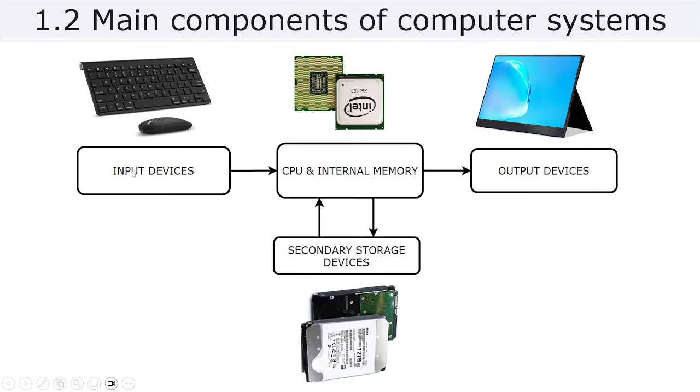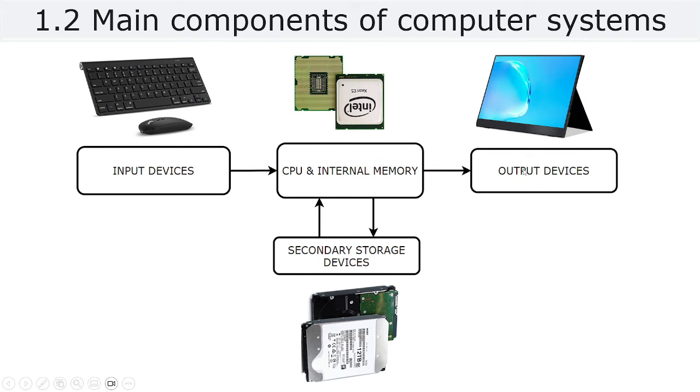Anything that you interact with the computer goes straight into the brain, through the brain, and then it displays whatever you want to see. Okay, so input, it processes, then it displays. So for example, if I type 1 on the computer, it needs to be processed by the CPU and it's being displayed on the screen.